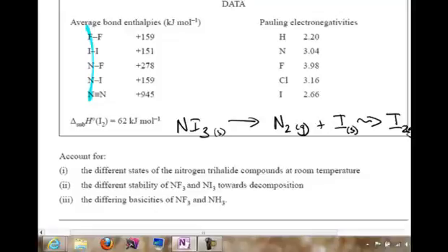So we're really talking about the bonds that get broken minus the bonds that get formed, using the bond enthalpies. So we'll have a look at that calculation now.